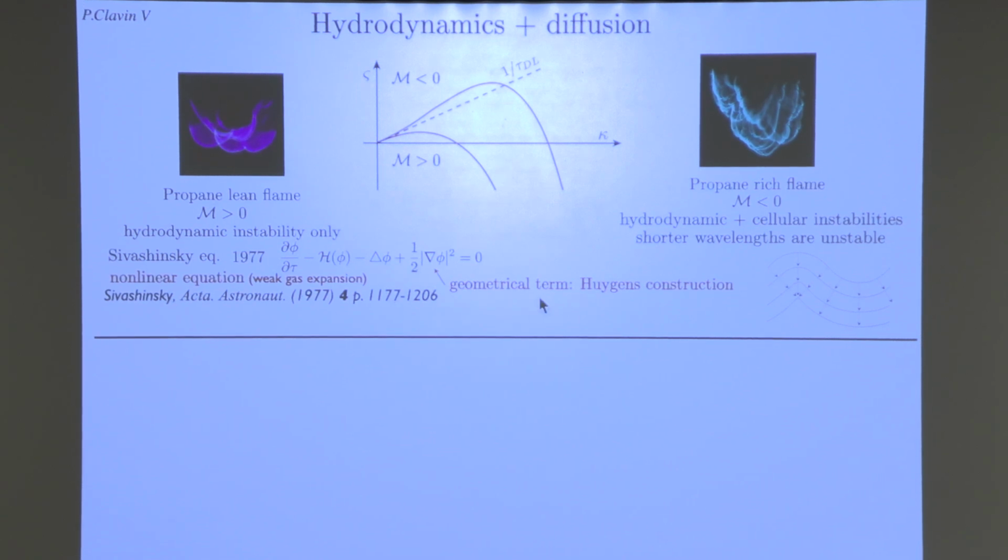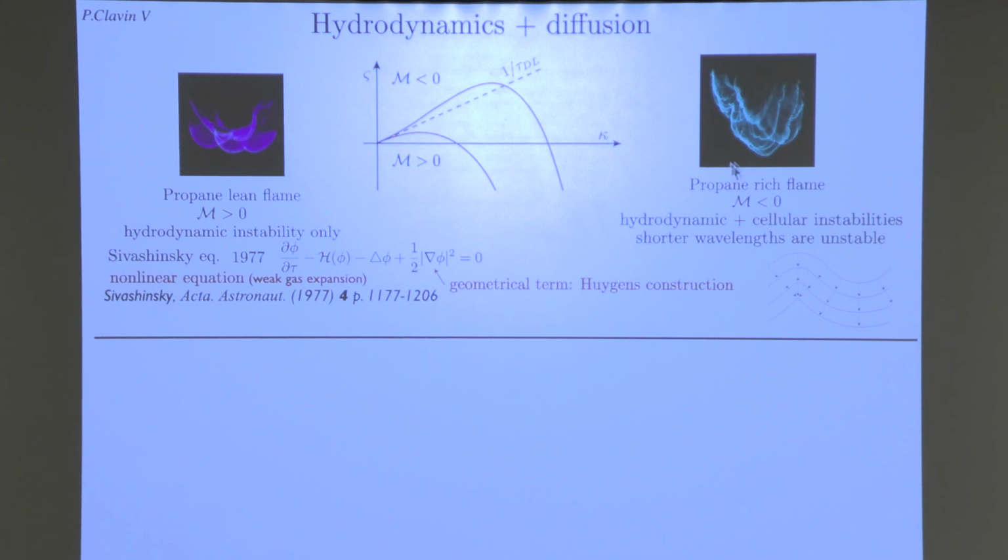For example, a propane lean flame should be diffusively stable, but as all flames, unstable by the hydrodynamics. So the cells are very large. Now, if you take a rich propane flame, now the diffusion is destabilizing, so you have a lot of smaller structures that appear on the flame.